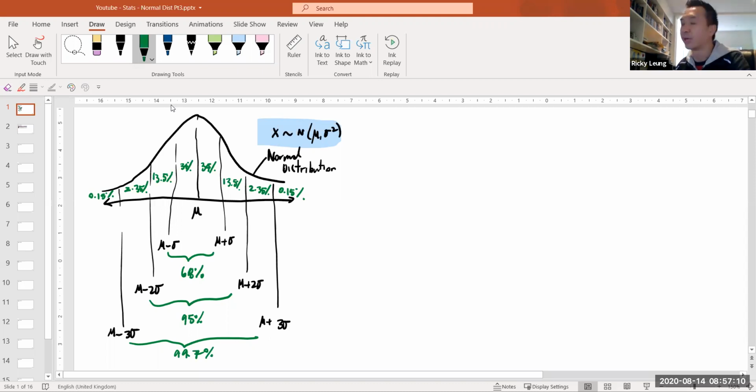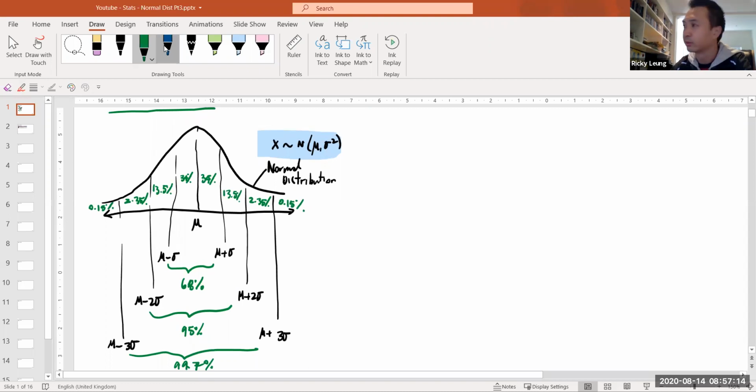Now, comparing that to a standard normal distribution. For a standard normal distribution, which is generally written as normal with mu and sigma squared as variance, that will be 0 and 1.